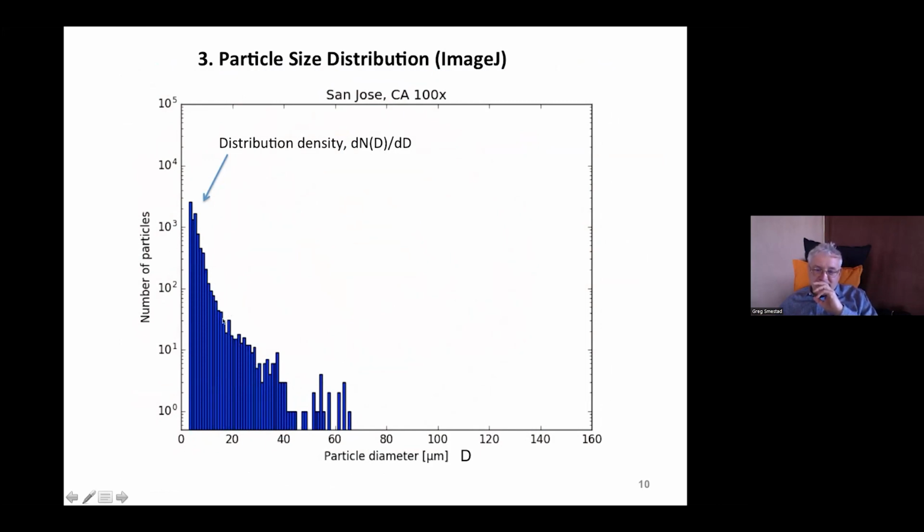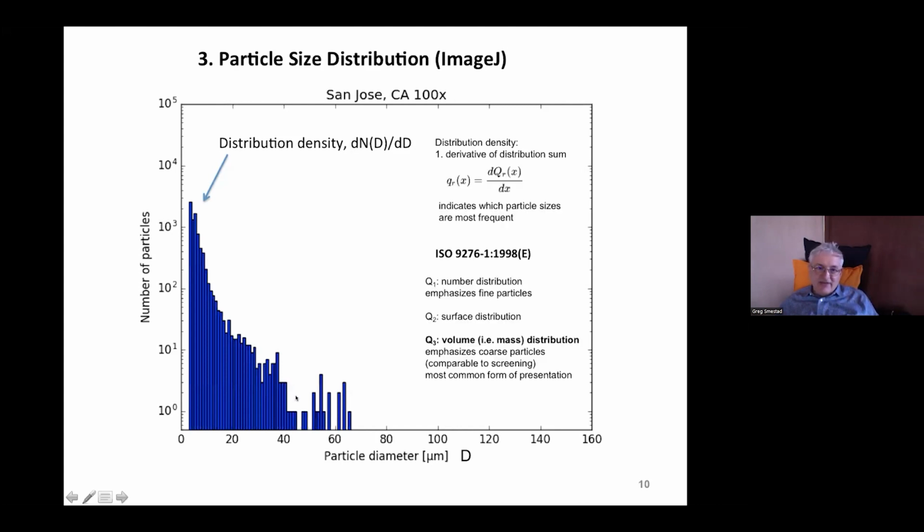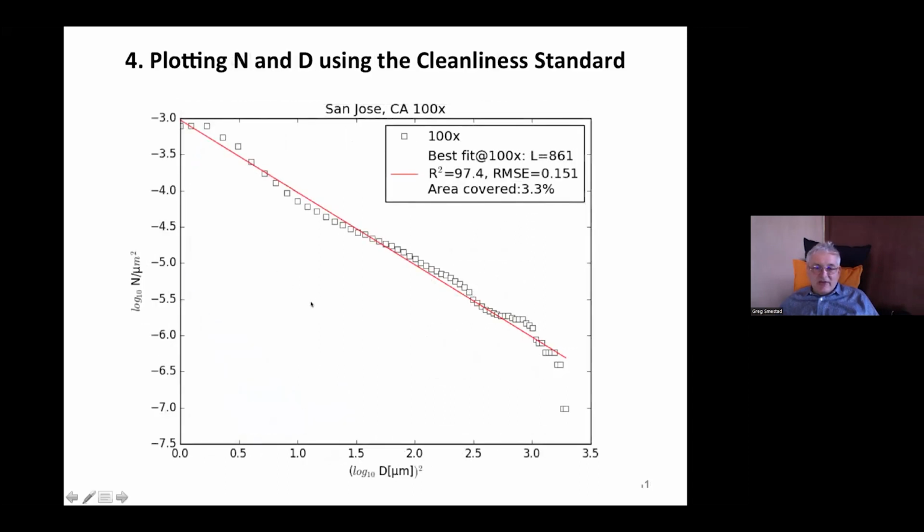When we plot this on a log plot, we do get a nice curve. And that's another message that we want to share with you: this is also given by a certain standard in industry that is used for these kinds of particle size distributions. Experimentally here for San Jose, but it works anywhere in the world to some degree, we see the log of the cumulative number of particles.